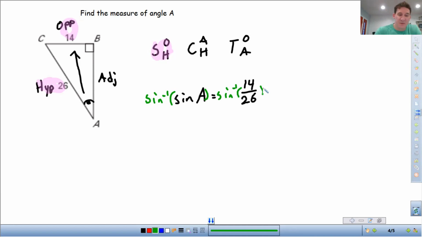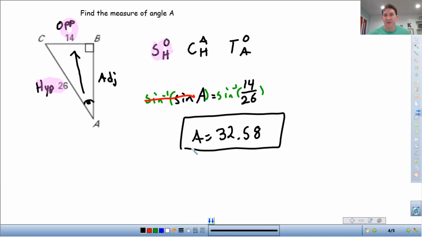On my iPhone calculator, I need to do 14 divided by 26 first, and then the inverse sine, and that comes out to 32.58. The sine and inverse sine cancel out, and we get A is equal to 32.58 degrees.